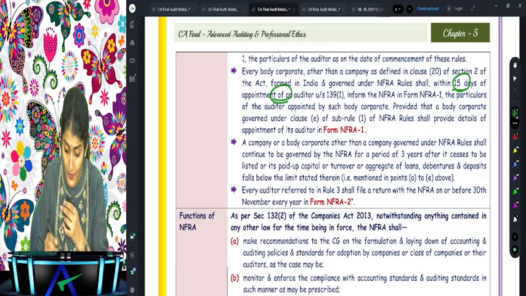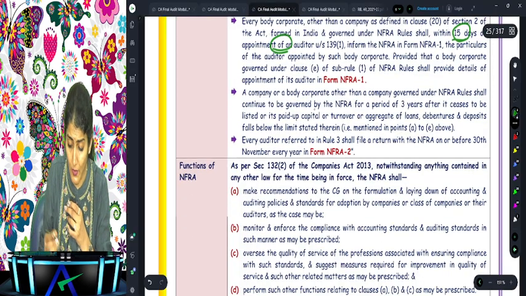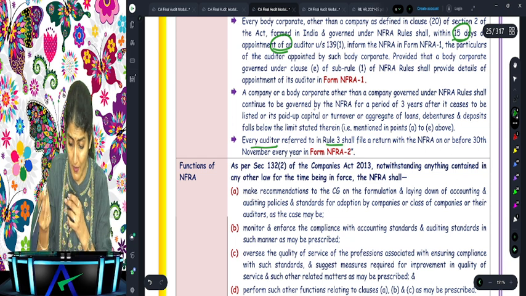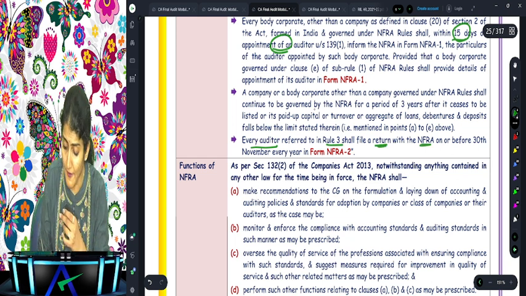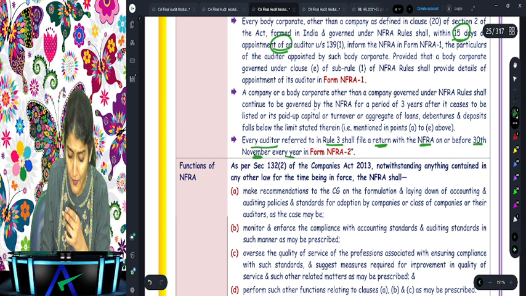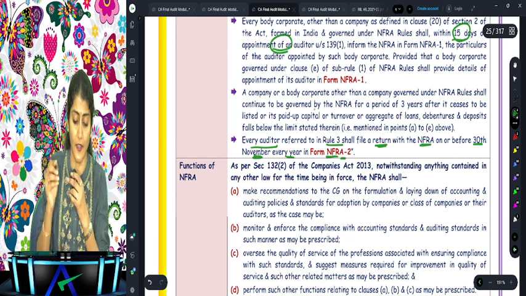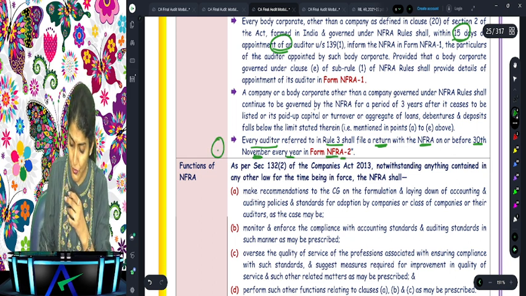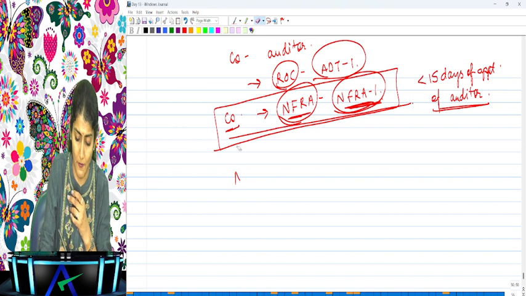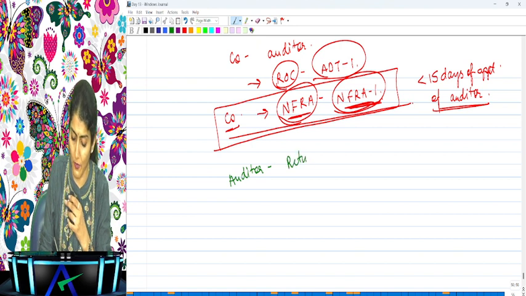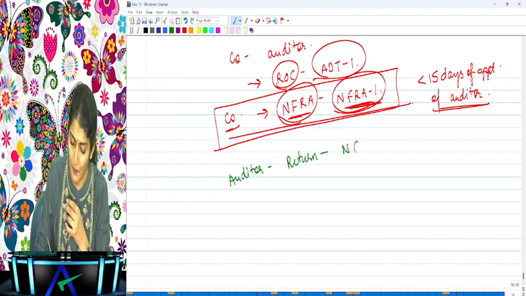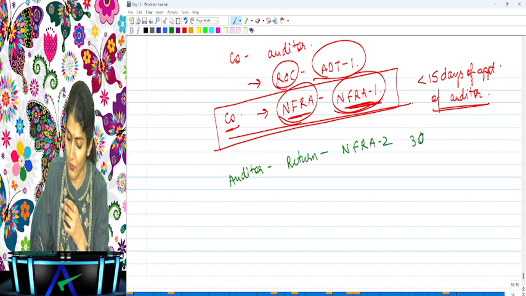Every auditor referred to in rule 3 above will file a return with the NFRA on or before 30th of November every year in form NFRA 2. So the auditor needs to file the return, meaning whatever audits he has done, in form NFRA 2, on or before 30th of November of every year.